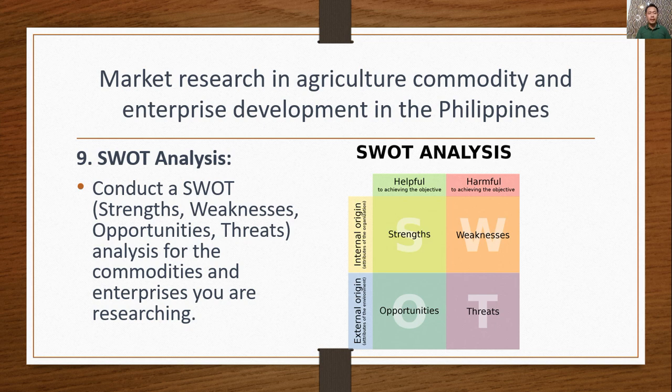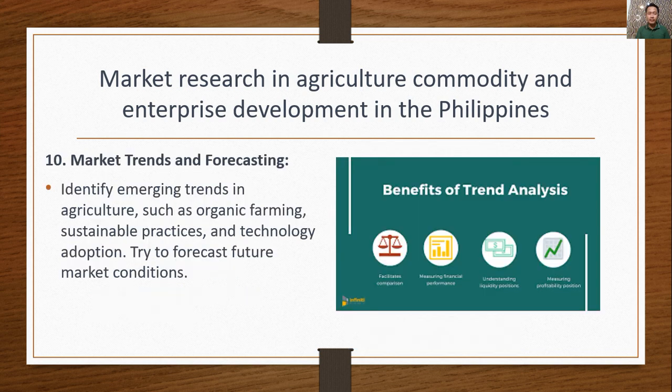And also, you may conduct a SWOT, or strengths, weaknesses, opportunities, and threats analysis for the commodities and enterprises you are researching. And also, you may identify emerging trends in agriculture such as organic farming, sustainable practices, and technology adoption.